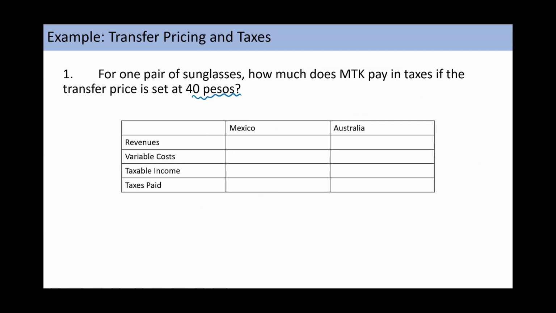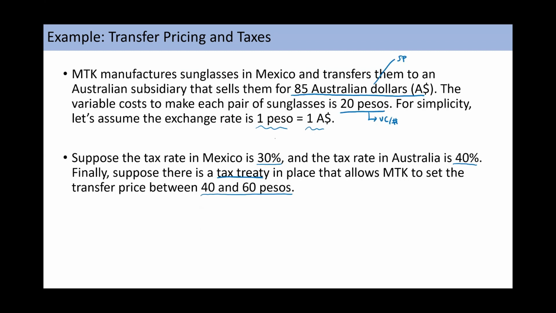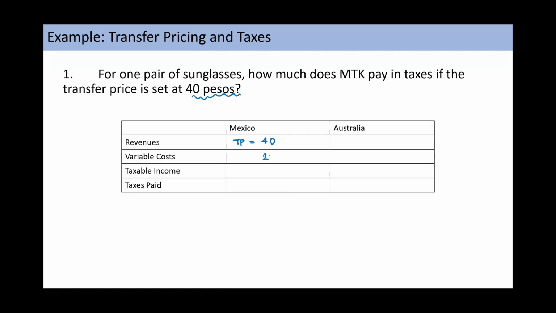How much taxes would they be paying? Starting with Mexico. The Mexico office, their revenue per unit would be equal to the transfer price per unit, which is 40 pesos. And their variable cost per unit is the variable cost of producing the sunglasses, which we learned is 20 pesos. That's 20.